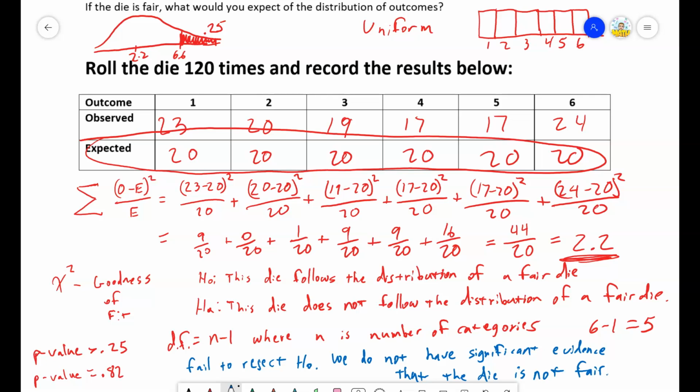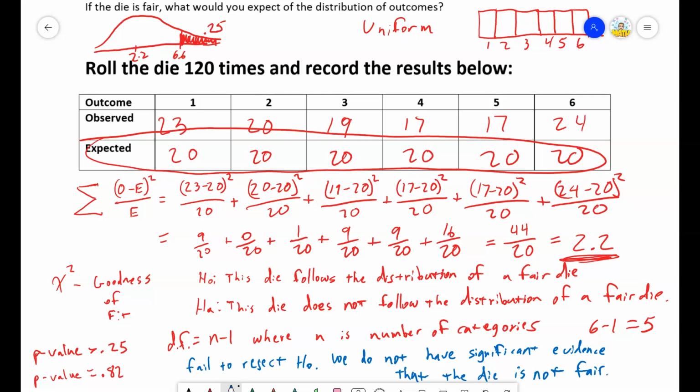So if I were to articulate our conclusion that he was not guilty, it was because we did not have significant evidence that he was guilty. I wouldn't say we believe he's innocent because there's significant evidence that he's innocent. It's not what we were required to look for. We were looking for evidence in the other direction. So even though this sounds like a double negative, it's the right way to articulate that.